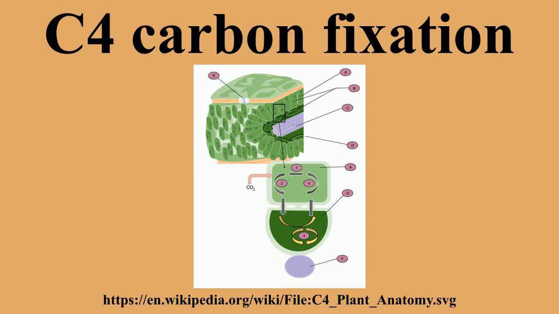Instead of direct fixation to RuBisCO in the Calvin cycle, CO2 is incorporated into a 4-carbon organic acid, which has the ability to regenerate CO2 in the chloroplasts of the bundle sheath cells. Bundle sheath cells can then utilize this CO2 to generate carbohydrates by the conventional C3 pathway.